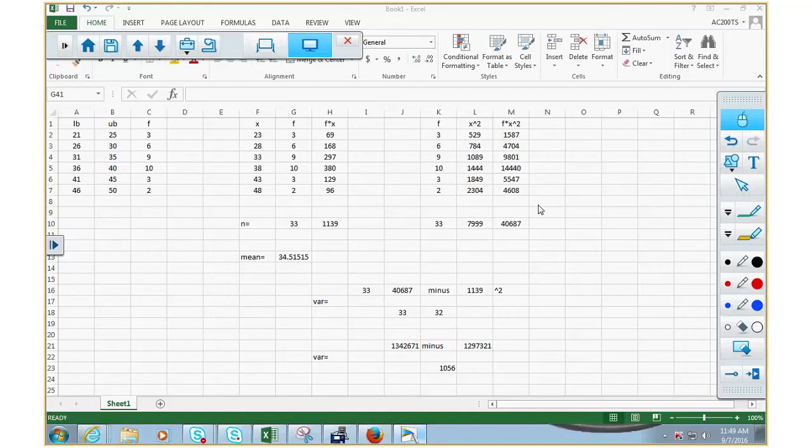Okay, now I'm going to take this guy right here and I'm going to change it. We're going to blow it up because I don't want you to cheat. So I'm going to blow it up. And this is your frequency distribution.